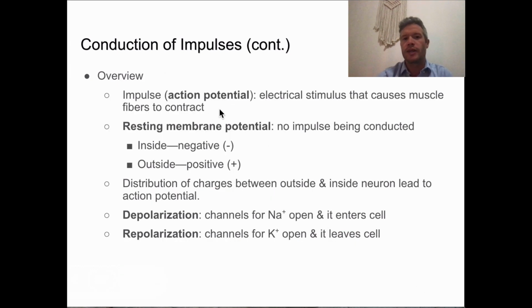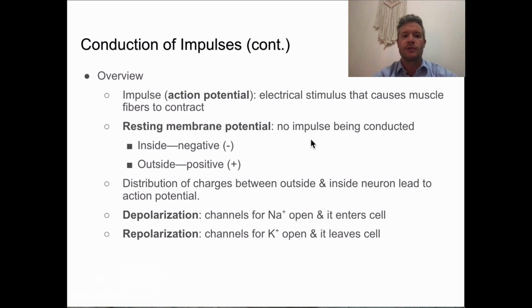Okay, so an overview again, our action potential is that electrical stimulus that causes a muscle fiber to contract. Threshold must be met, and our resting membrane potential means no impulse is being conducted. It just sits at this gradient held in balance by our ion concentration across the nerve cell membrane. Inside we have our negative resting membrane potential. Outside is positive.